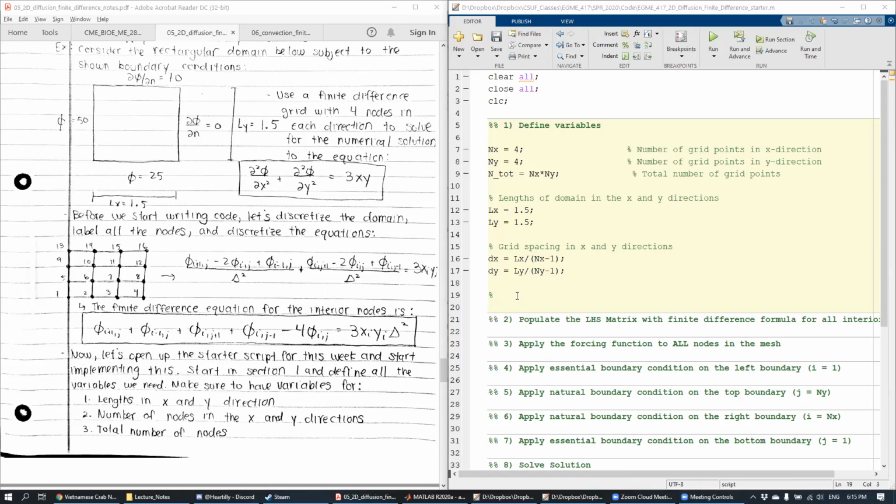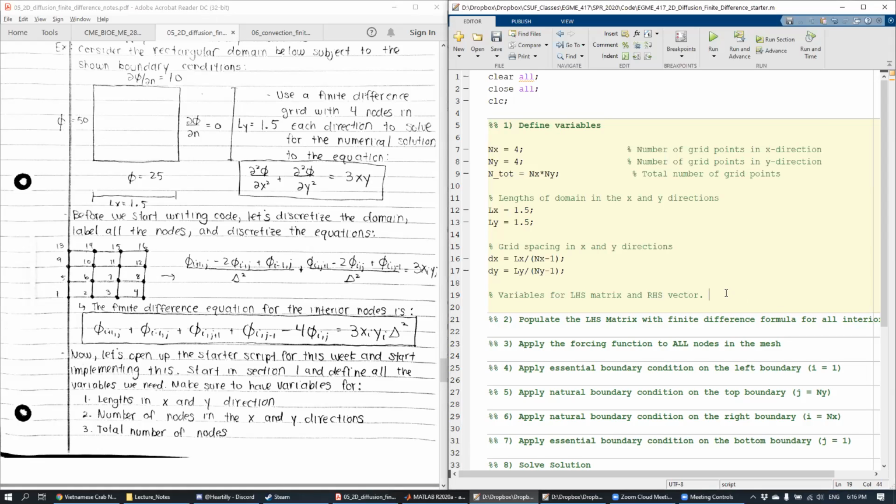Okay. All right, so a couple more variables that we're going to need is a variable for the left-hand side matrix and also the right-hand side vector. Okay, because remember, the reason we go through all this finite difference stuff is so that we can take a differential equation, which in this case is a very complicated partial differential equation, and then transform that into a linear system of equations.